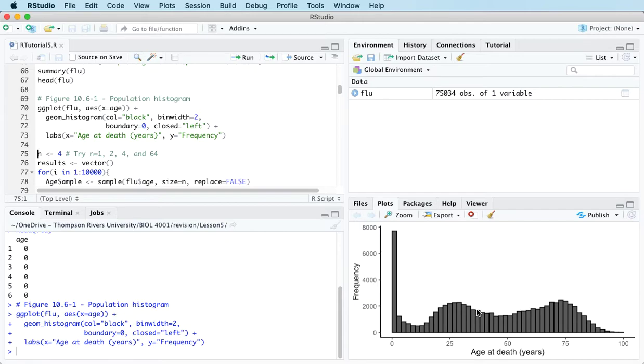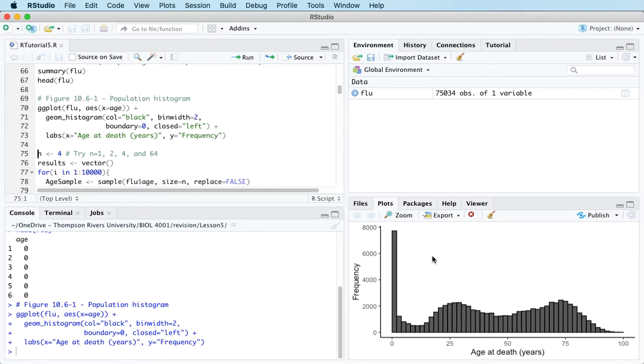But this is for Switzerland, and Switzerland was not involved in the war. So this peak in the middle is not young soldiers dying in the war. This is young adults in their 20s and 30s dying from the Spanish flu. It's a very interesting population distribution.